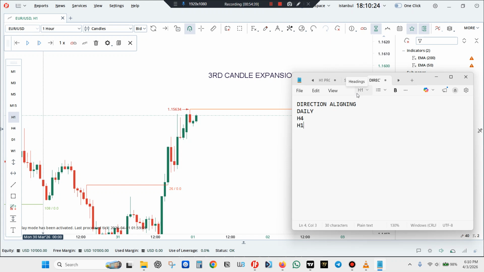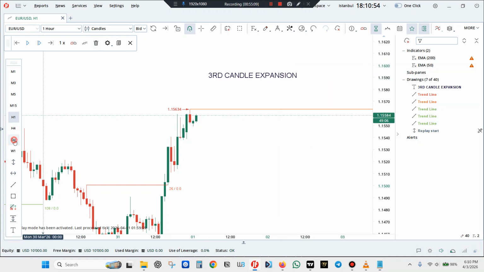If all these time frames are aligning in terms of direction, daily is saying bullish, H4 is saying bullish, 1 hour is also saying bullish, then it means that we have more conviction on our direction that the third candle will actually expand bullish as the rest of the time frames.